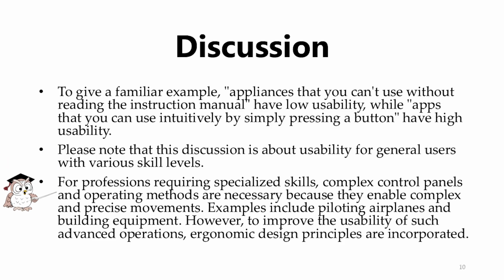For professions requiring specialized skills, complex control panels and operating methods are necessary because they enable complex and precise movements. Examples include piloting airplanes and building equipment. However, to improve the usability of such advanced operations, ergonomic design principles are incorporated.